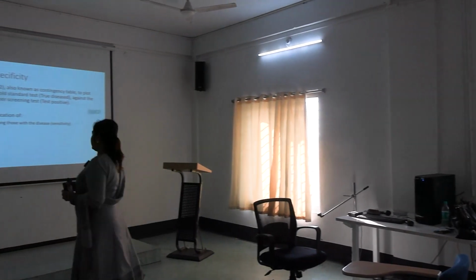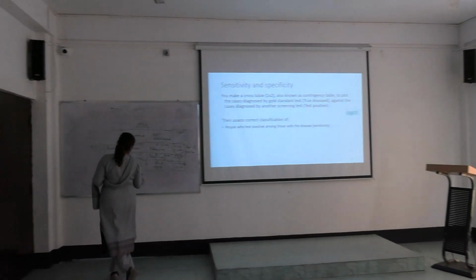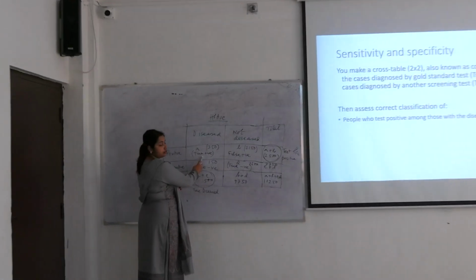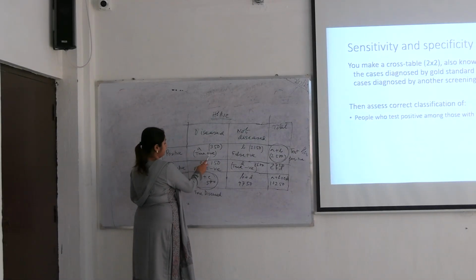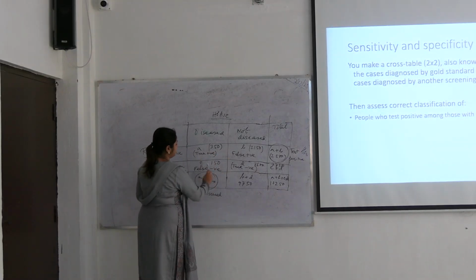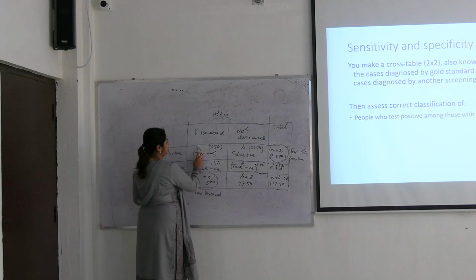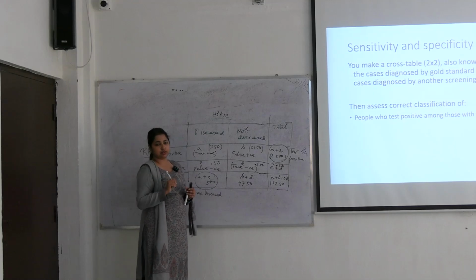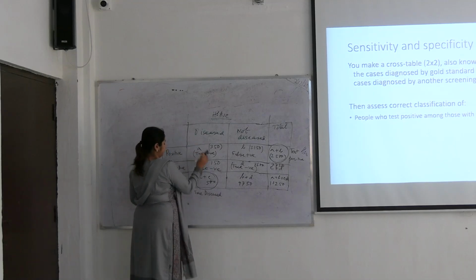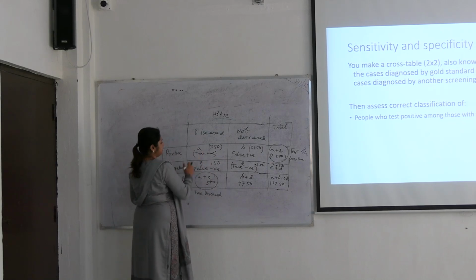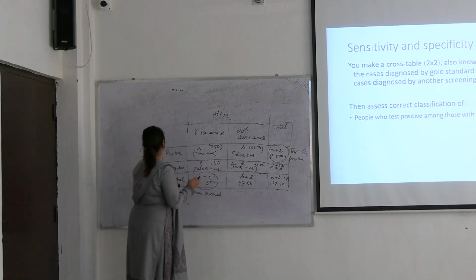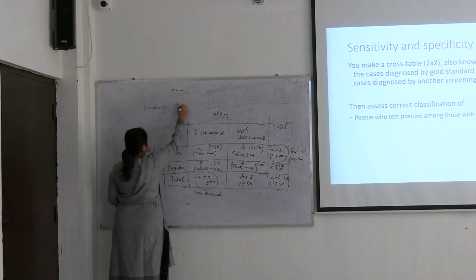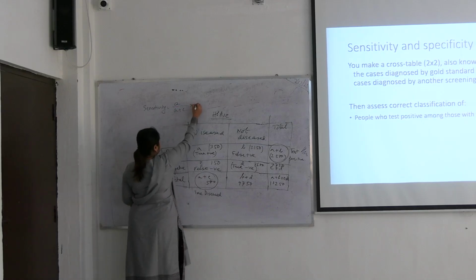People who are testing positive among those with the disease, among those with the disease, how many are coming positive? Okay, this is sensitivity. Here the numbers are already given. In any case, the number of people testing positive among the diseased, meaning those who come positive on the gold standard test, that is, among the true diseased those who come positive, that is the sensitivity. So sensitivity is A divided by A plus C multiplied by 100%.